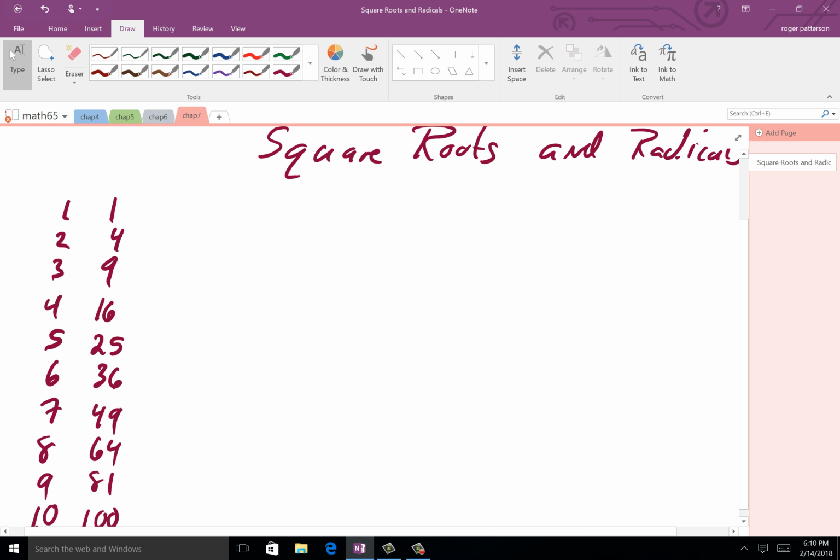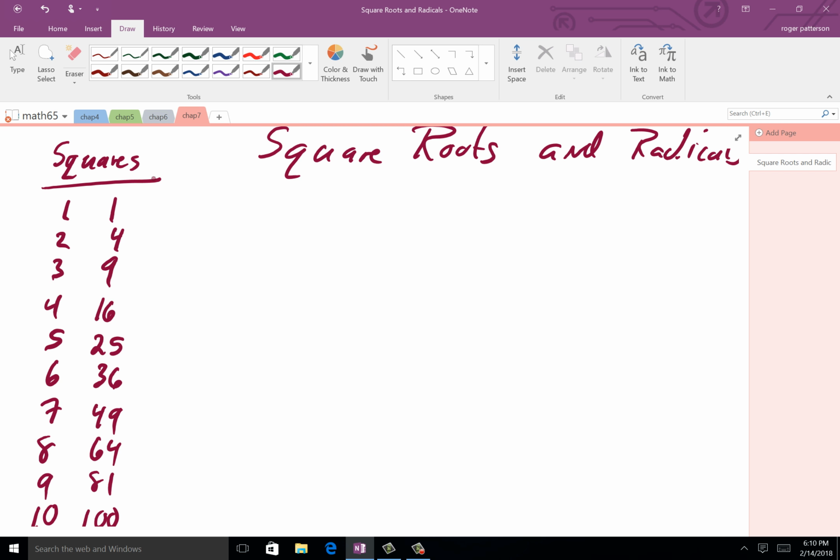So we have 1, 4, 9, 16, 25, 36, 49, 64, 81, and 100. Okay, these are our squares. They will come in handy for you as we progress tonight and Monday of next week, and also, of course, when you take your test.